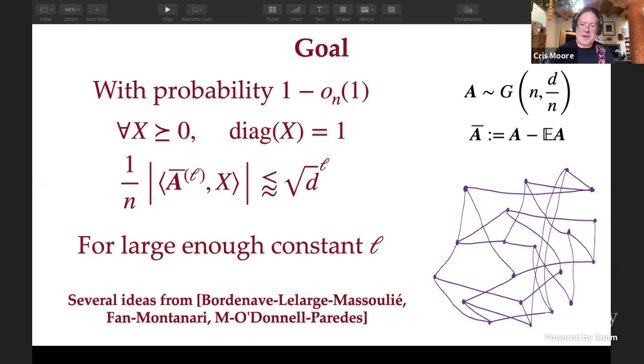Hey, can I ask a question? I'm sorry to jump in so early in your talk, but this is a question from the combination of the two talks. This SDP doesn't have any new constraints on X. What's different from the good old fashioned SDP is that you're taking the inner product with this non-backtracking length L power instead of the adjacency matrix.